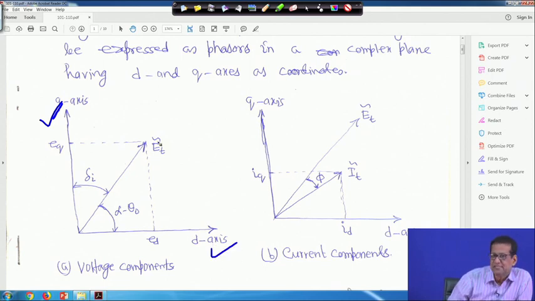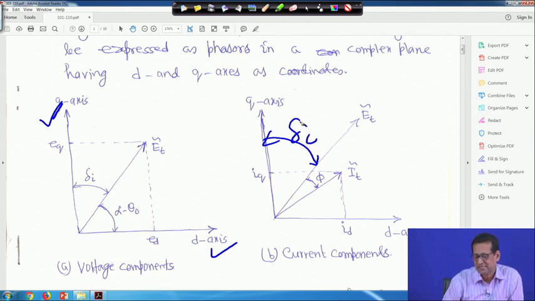So, Et tilde is the phasor quantity, and this angle is delta I, and this angle is alpha minus theta 0, because ED is equal to ET cos alpha minus theta 0 and EQ is equal to ET sin alpha minus theta 0, and this angle is delta I. Similarly, this is ET tilde, right, and IT is the current. Therefore, IT tilde is lagging from ET tilde by an angle phi, right.